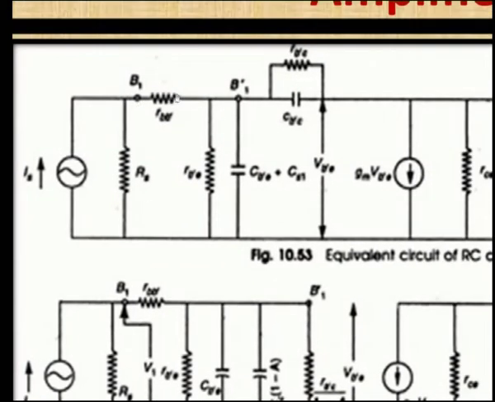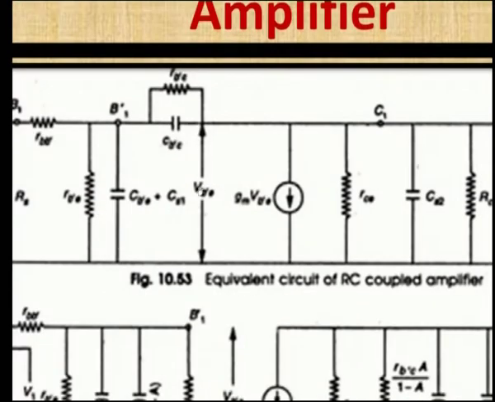Between the base terminals it has its own internal resistance called RB dash, and this is the resistance between the base and the emitter terminal, RB dash E, and you have the capacitance between any two terminals of the amplifier when you go with the frequency response or high frequency signal.